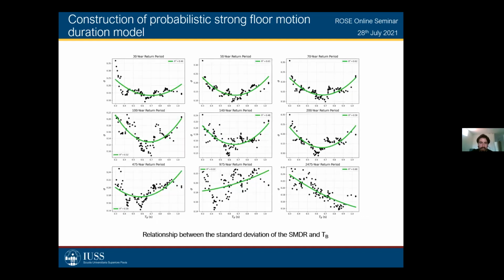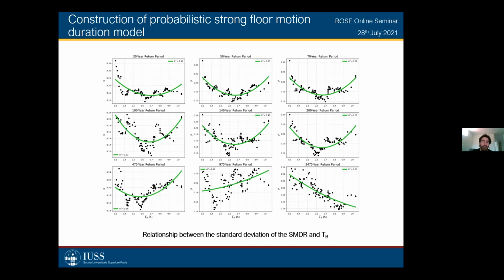As you can see, the data is more sparse. We have a less clear trend in some cases. Mainly in the last two return periods, we see a trend that is different from the first 7, and also in the 975 return period we have a very high dispersion.